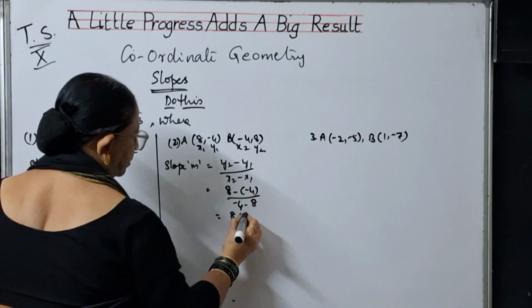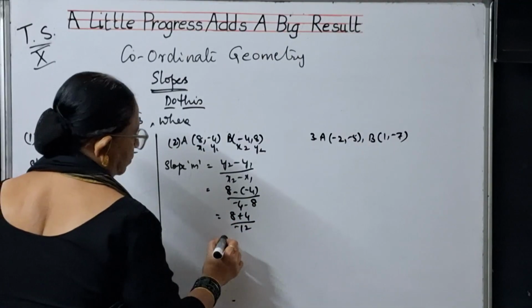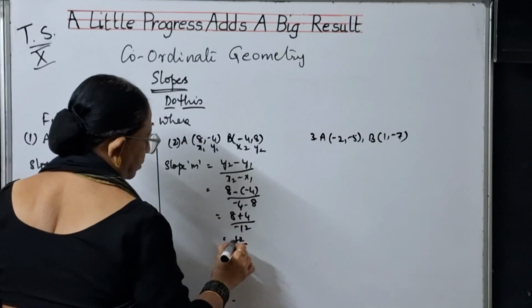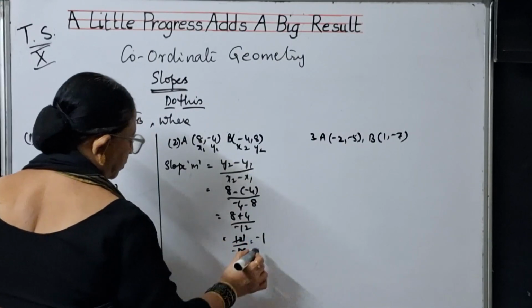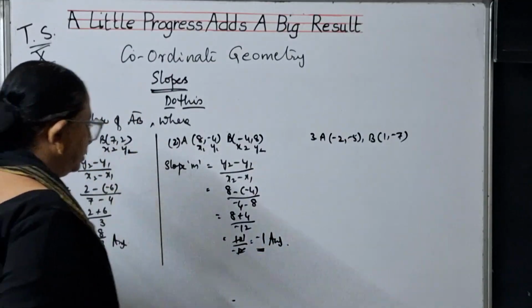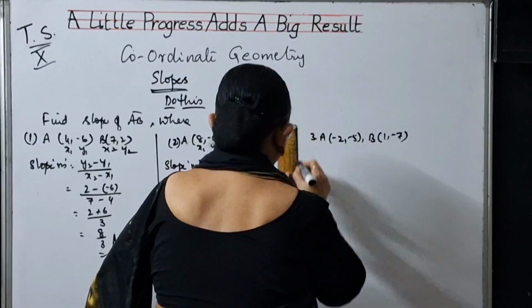So 8 plus 4 by minus 12. That is 12 by minus 12, minus 1. So minus 1 is the answer for this one. And third one.